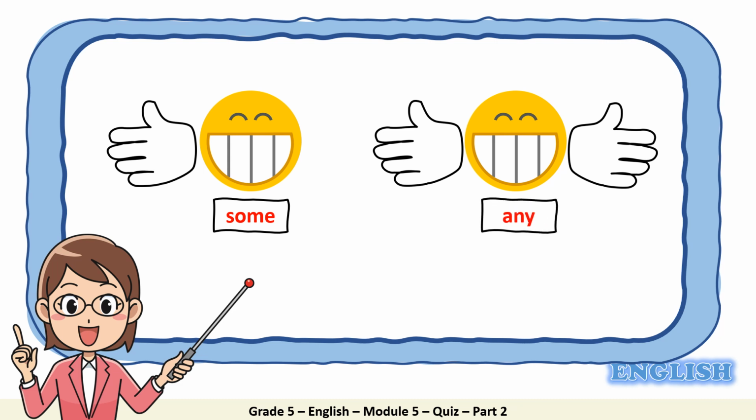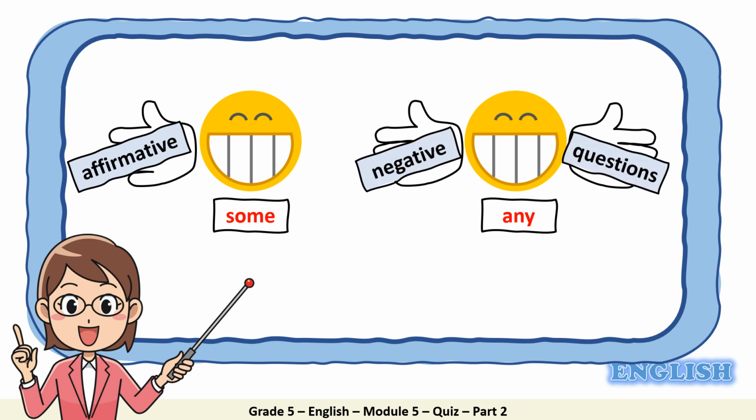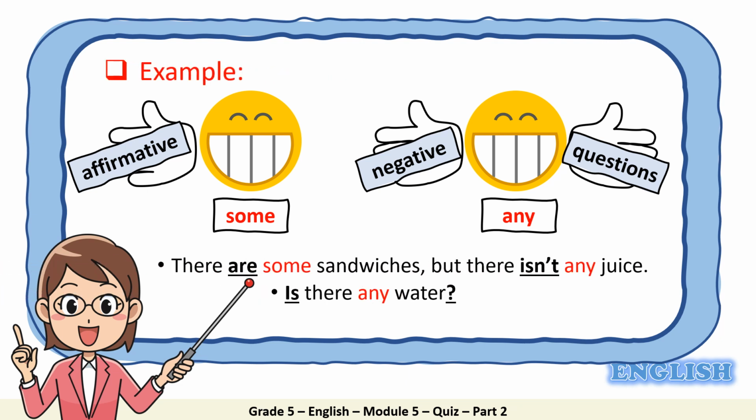We use some with one thing only, affirmative sentences. We use any with two things, negative sentences and questions, like this example. There are some sandwiches, but there isn't any juice. Is there any water?